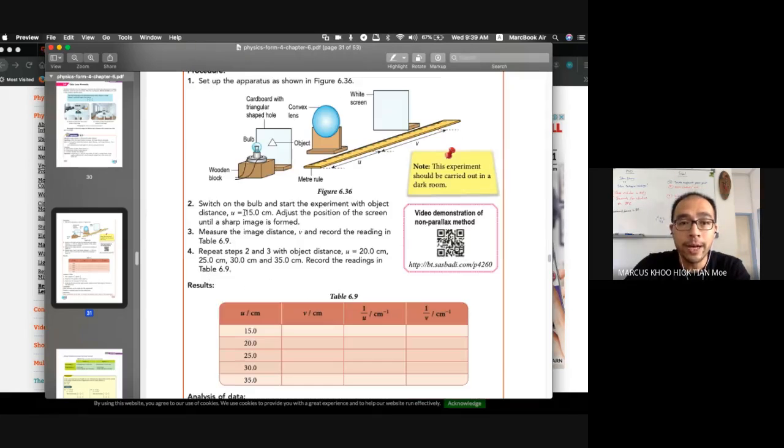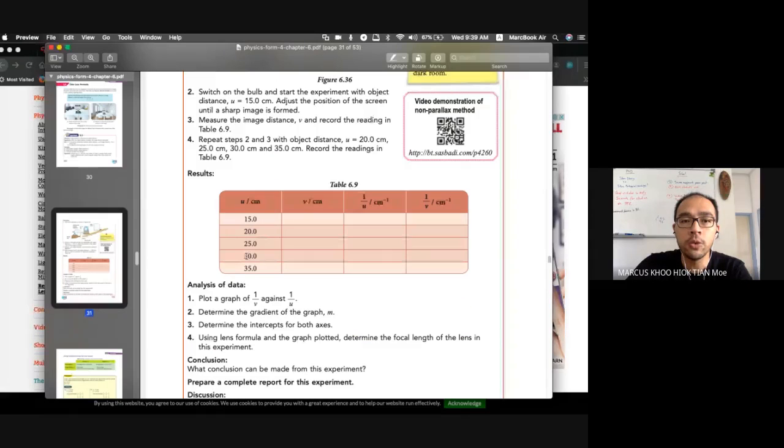And then the first u you also have to change, depending on your virtual experiment. The first, second, third, fourth, and fifth u shown in this procedure, you have to change, and also the u inside your table. It's okay to change, no problem. Once you calculate the u and you calculate the v, then you have to calculate 1 over u and 1 over v.